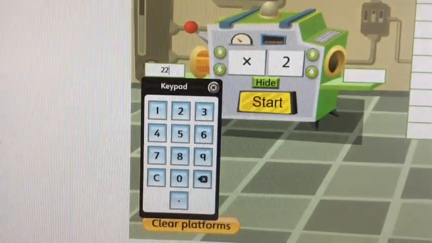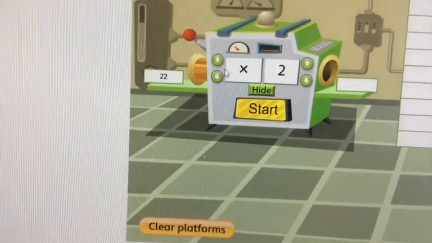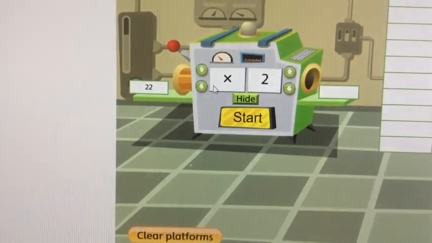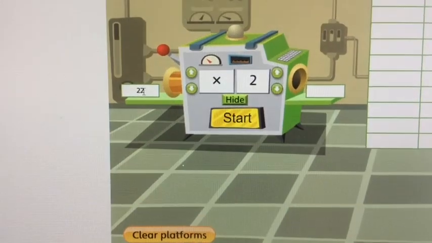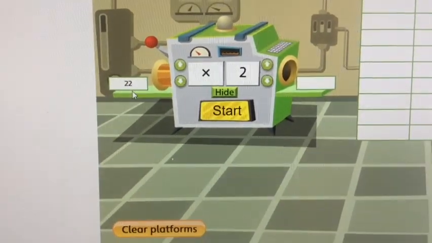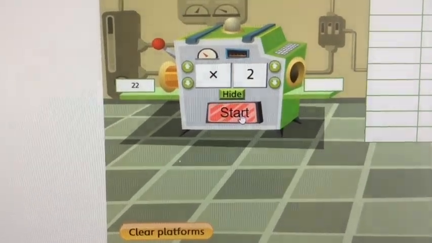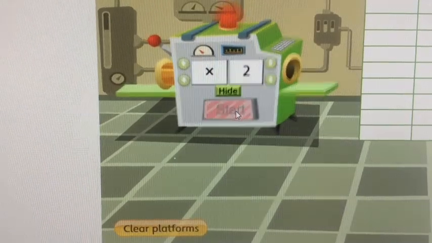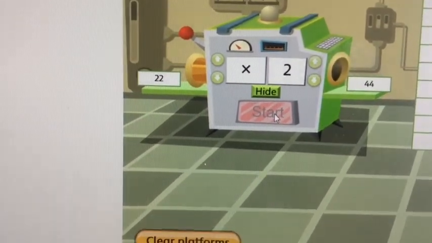Back to that function machine then. If you had 22, you're going to double it, do 22 add 2 or 22 times 2, what would come out? Double 20 is, double 2 is, so all together it makes, did you get that?